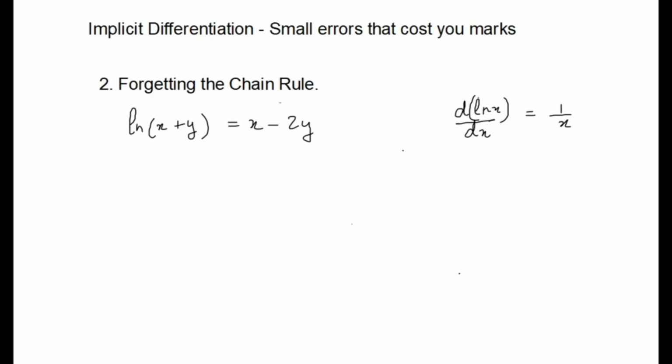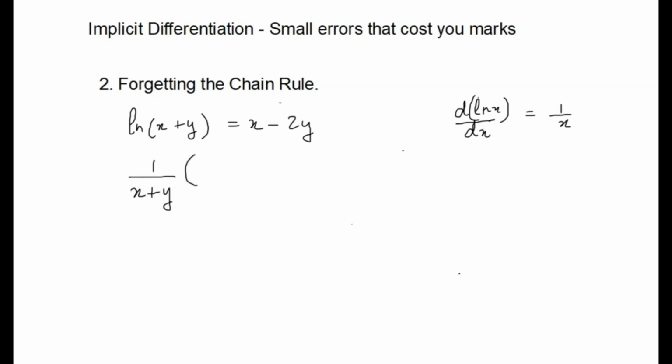So, we first just differentiate the log as it is. So the derivative of log of (x + y) is 1 by (x + y). And then, because we are applying the chain rule, we have to also differentiate x + y.